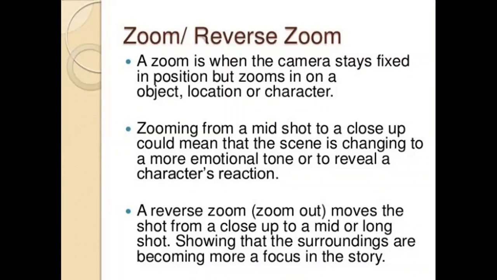Zooming in or zooming out, a zoom allows you to show context and then push in to show details. A reverse zoom, also called a zoom out, moves the shot from a close-up to a mid or long shot, showing that the surroundings are becoming more of a focus in the story.